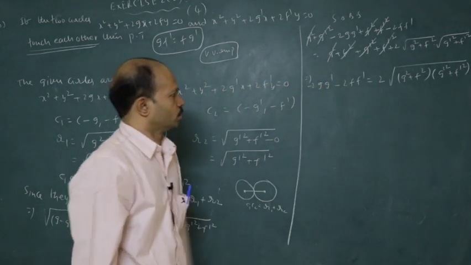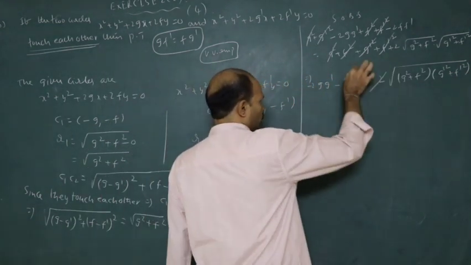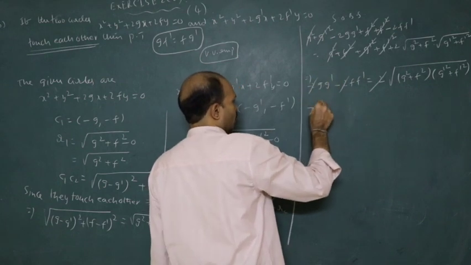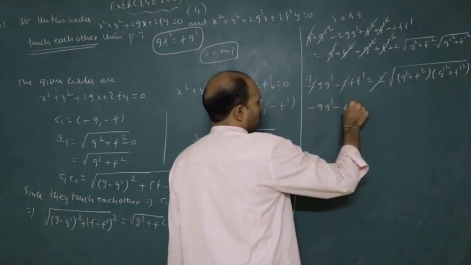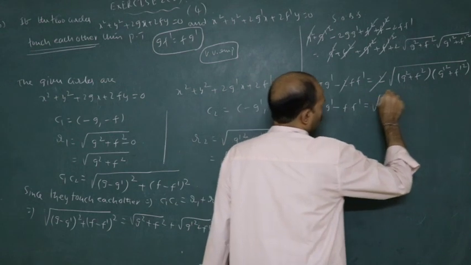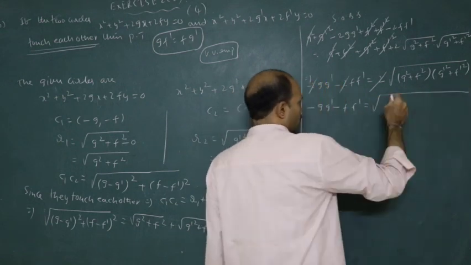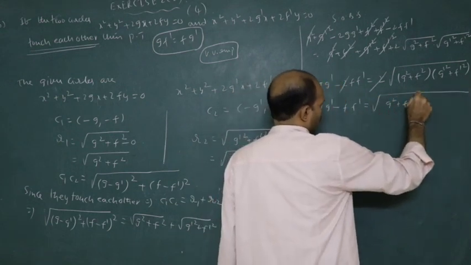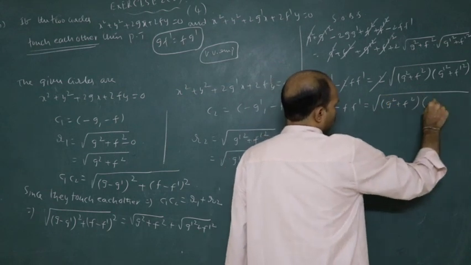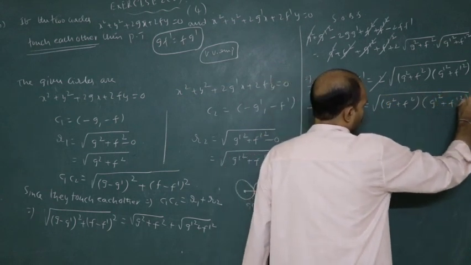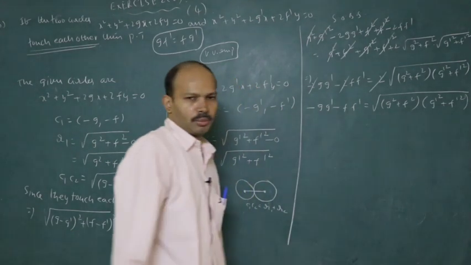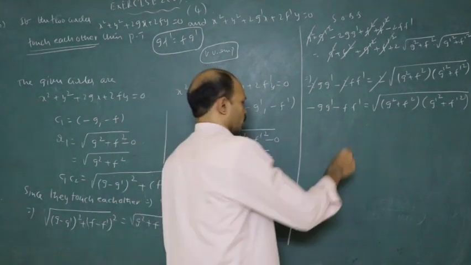By observing, throughout you have the scalar 2, which must cancel. Minus g dash, minus f dash under root of, writing the same, g square plus f square, g dash square plus f dash square. To eliminate the square root, again squaring on both sides.